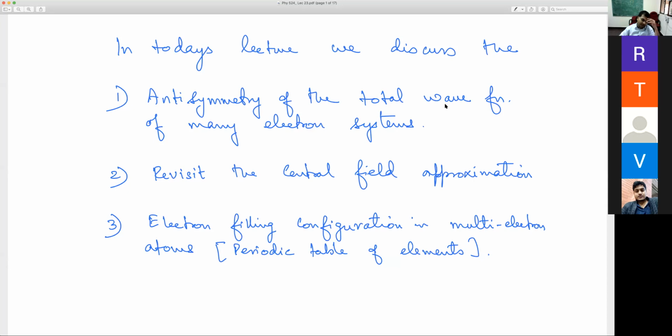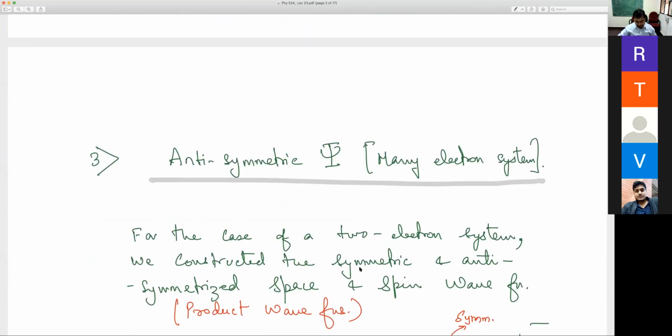Based on today's lecture, we should be able to do electron filling configuration in multi-electron atoms, along the lines of how you construct the periodic table of elements. We'll primarily focus on the first two topics today, and may continue on the third one in Friday's lecture. So let's go ahead.